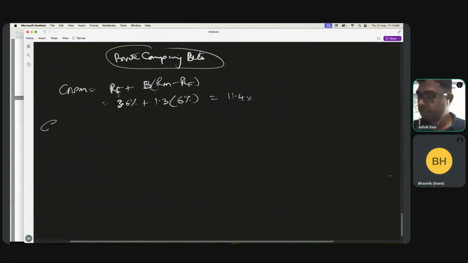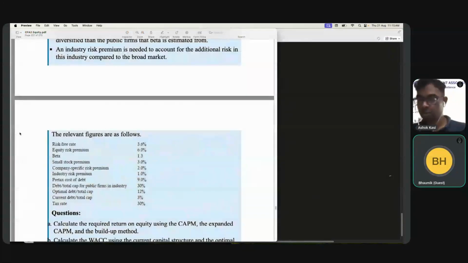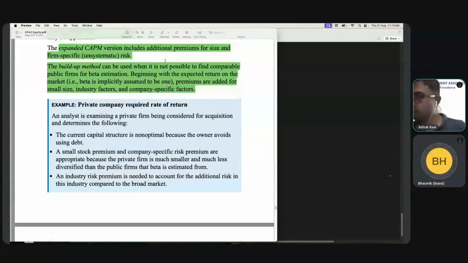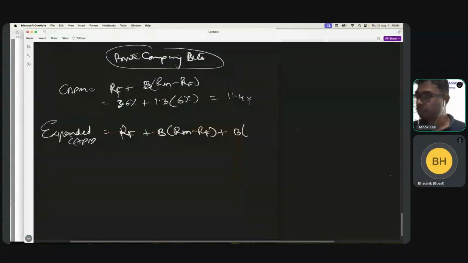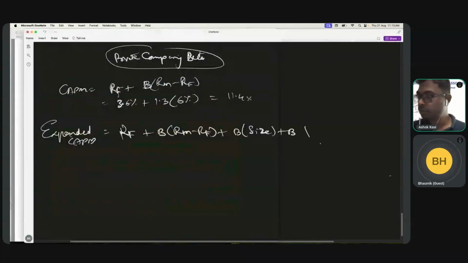Now expanded CAPM is equal to risk-free plus beta times (RM minus RF) plus beta times additional premium for size plus beta times firm-specific risk.